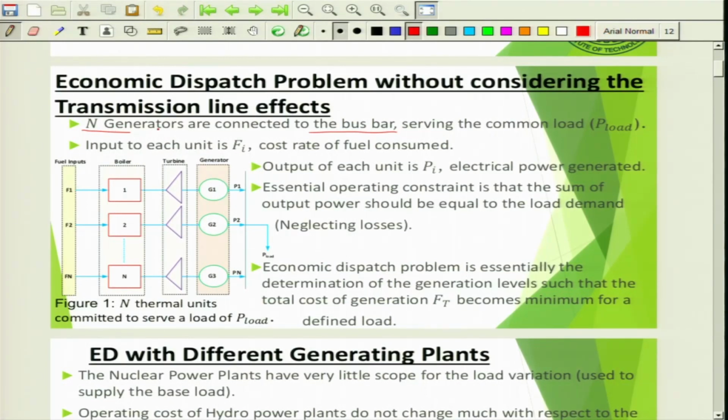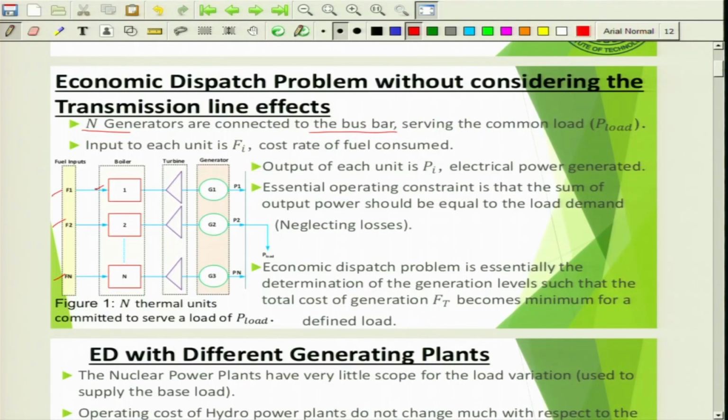You can also see in the picture that there are fuel inputs and there is a boiler. There is fuel input to each boiler. This is a thermal power system network, and the boiler converts the fuel, which could be coal or oil, into supersaturated steam.